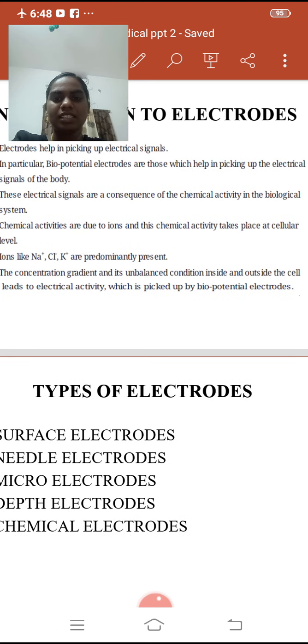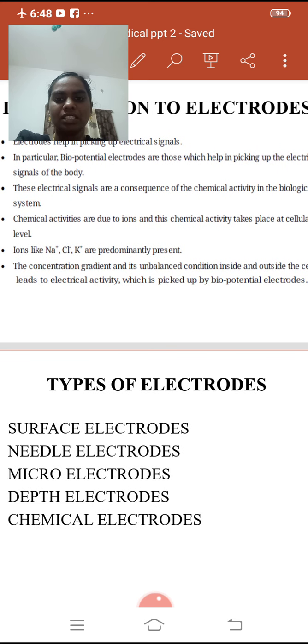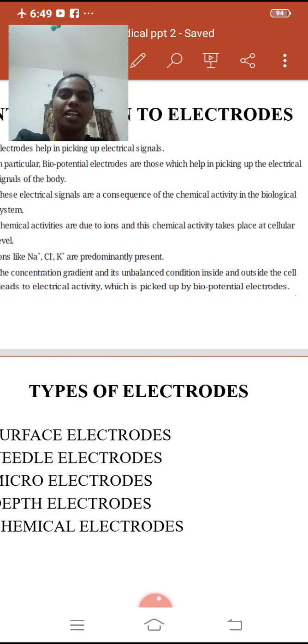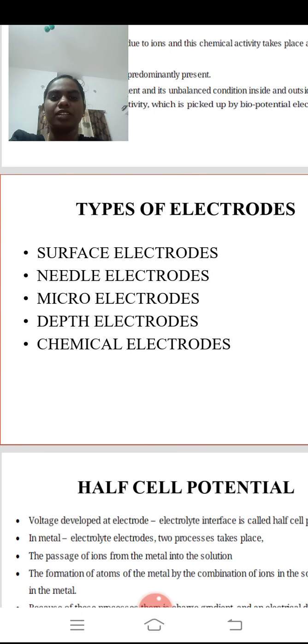The concentration gradient and its unbalanced condition inside and outside the cell leads to electrical activity, which is picked up by the biopotential electrode. So we already know what biopotential is. This biopotential activity will be recorded and measured through these bioelectrodes.